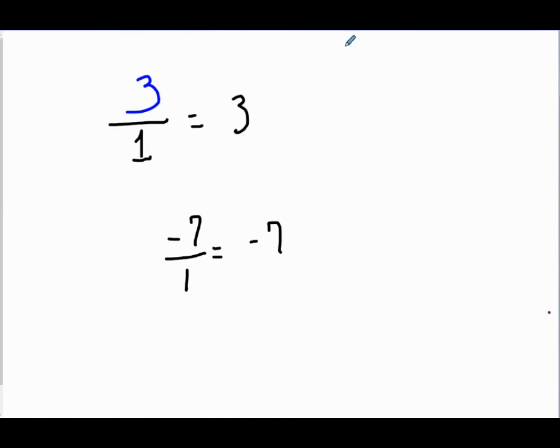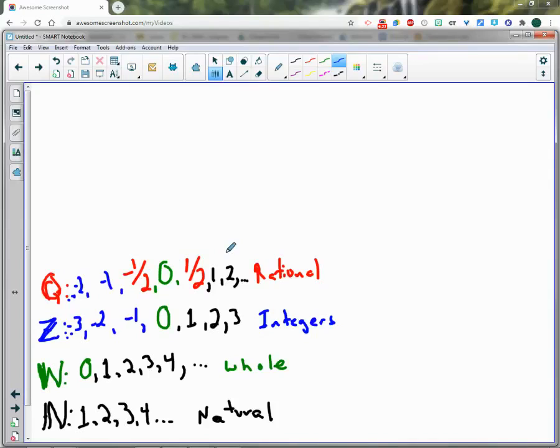Even 0: I cannot divide by 0, but I can divide 0 by 1. 0 divided by 1 is still 0, because anything divided by 1 is equal to itself. So as you can see, all of my integers can be written to look like a fraction. Therefore, all integers are also rational. So that's one side of all this.